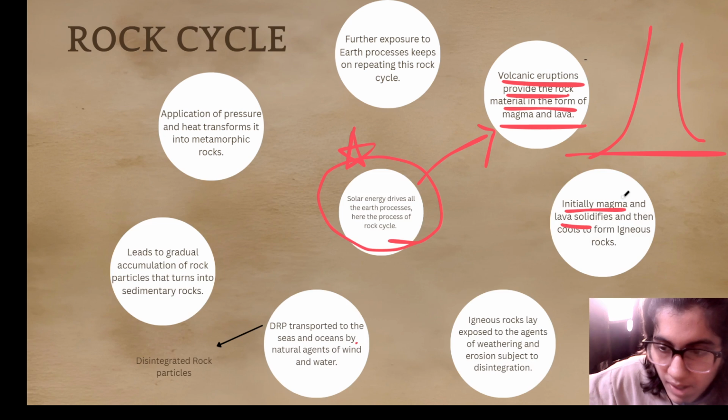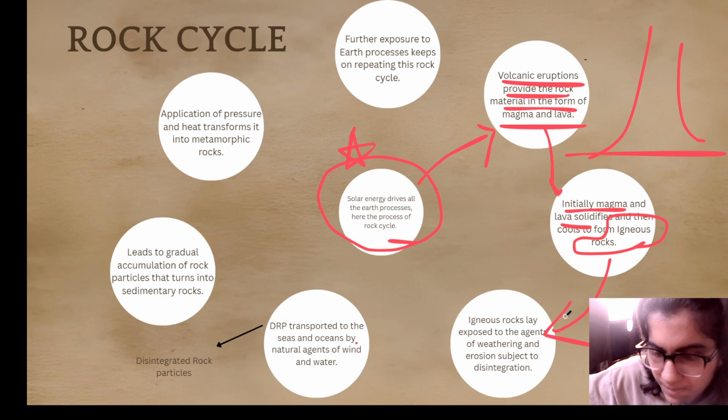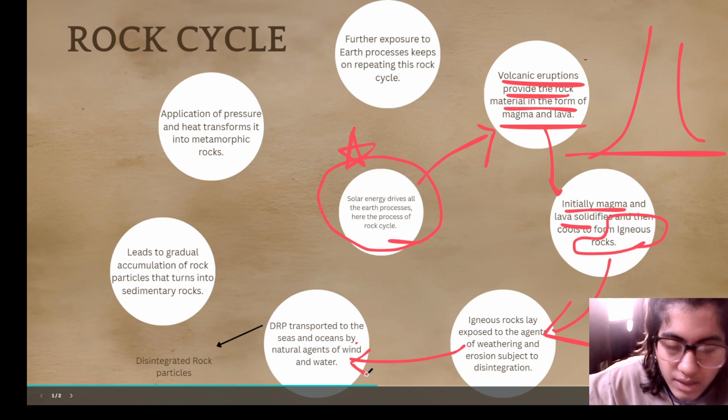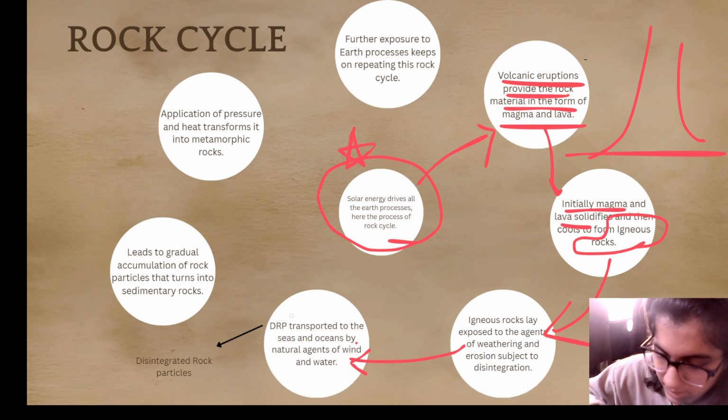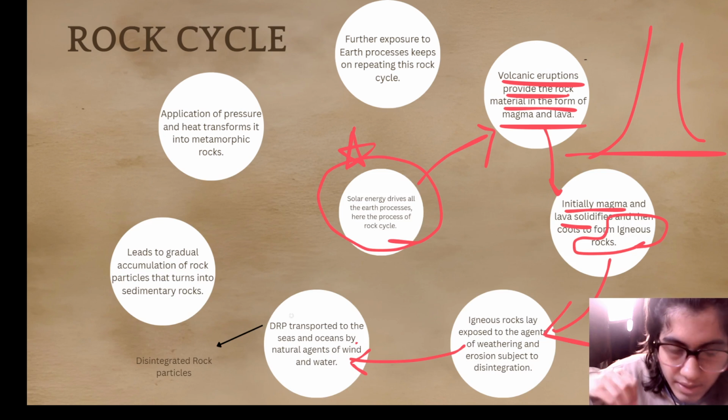They solidify, and then they form the igneous rocks. These igneous rocks are exposed to the agents of weathering, that means wind. The wind constantly hits them, and because of that they disintegrate or scatter.